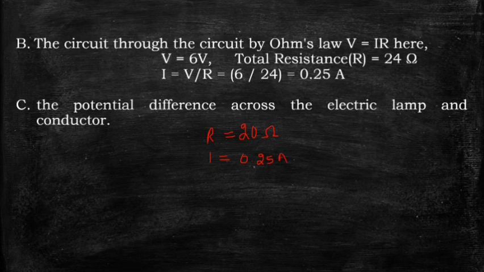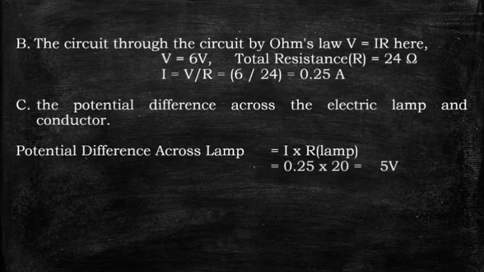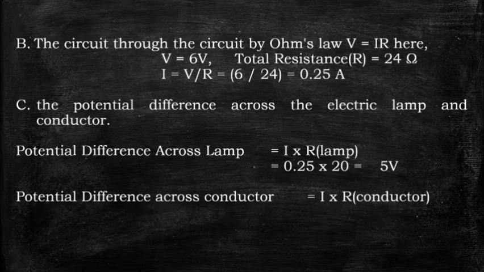We know that V is equal to IR. I into R will be 0.25 into 20, that will be equal to 5 volts of potential difference across the lamp. And across the conductor, which has resistance 4 ohm and current 0.25, that will be 1 volt.